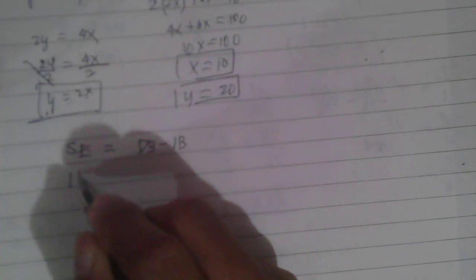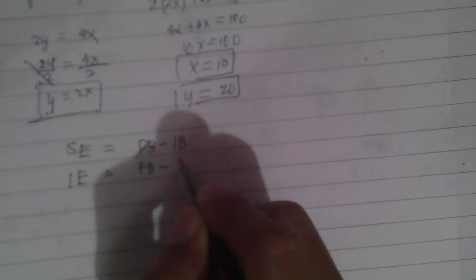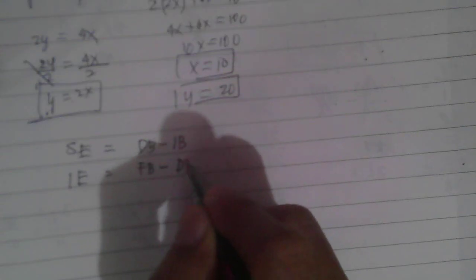Your income effect is the final bundle minus the decomposition bundle.